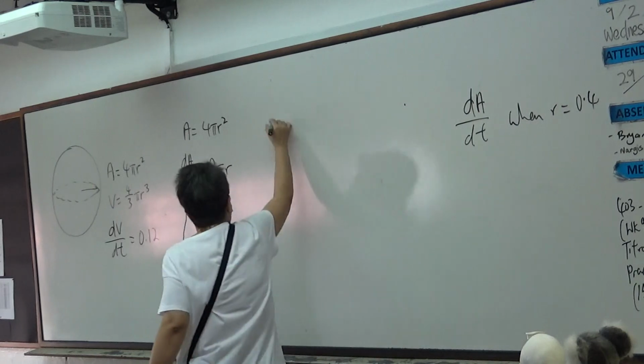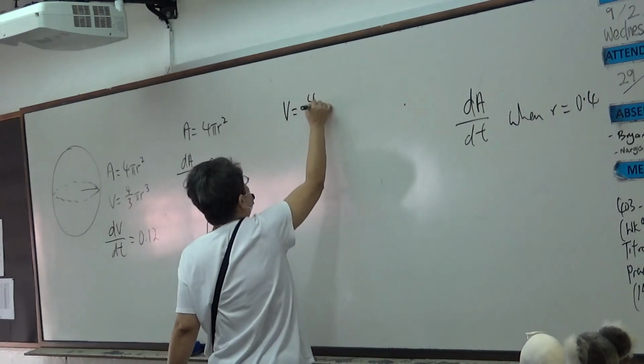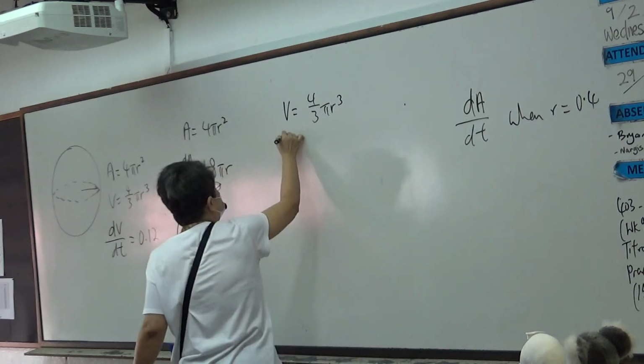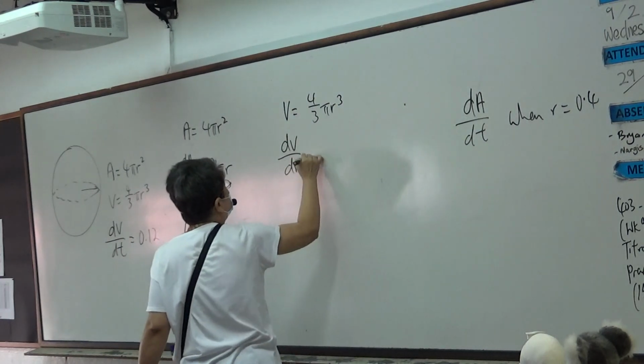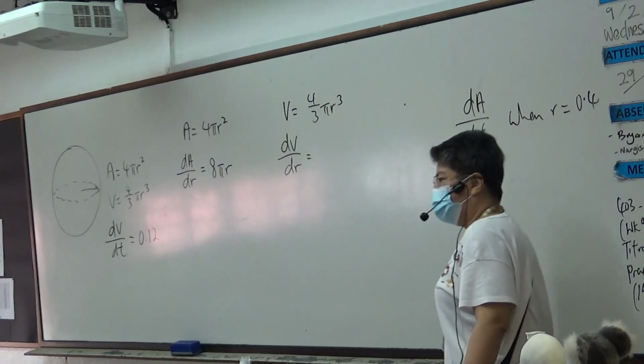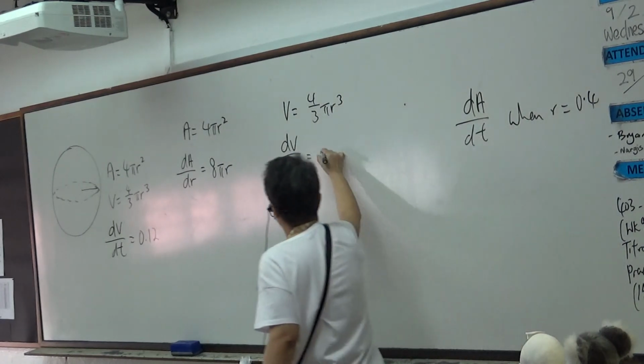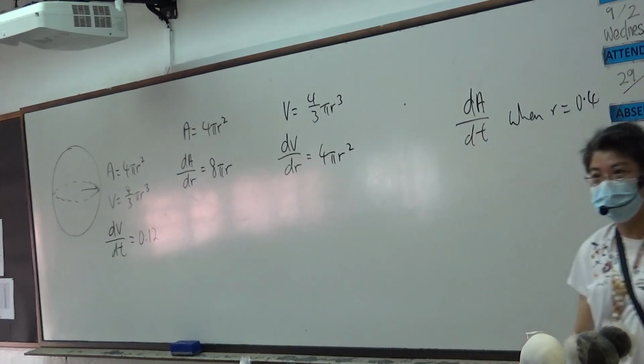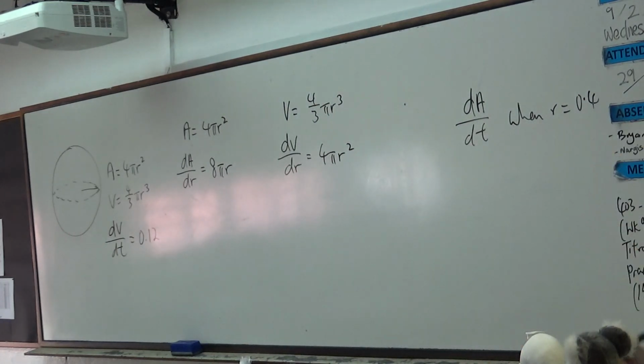Volume is 4/3 pi r cubed. What is dV/dr? 4 pi r squared. Everybody okay? I'm trying to make sense for you first.